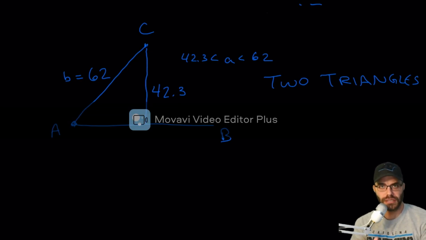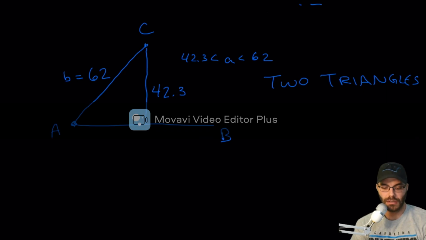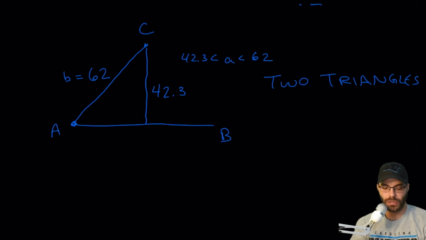Well, 50 is greater than 42.3, so that tells us we have at least one triangle. 50 is less than 62, so we actually have two triangles. The reasoning is that side length that measures 50 could come inside. It could be here. Or it could possibly be on the outside there, like a barn door.